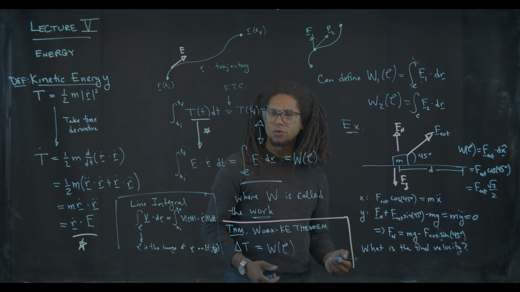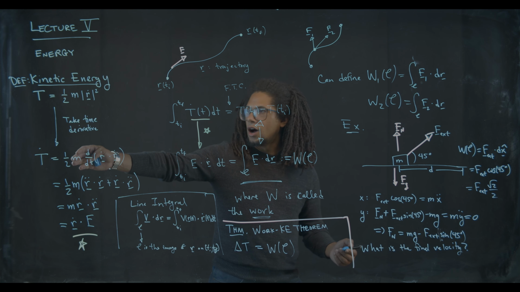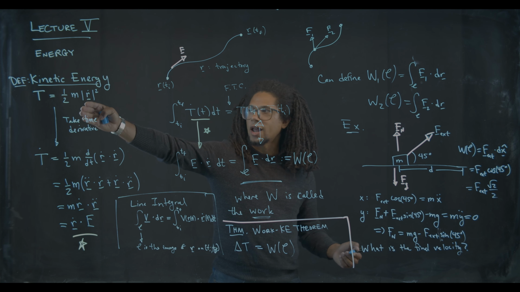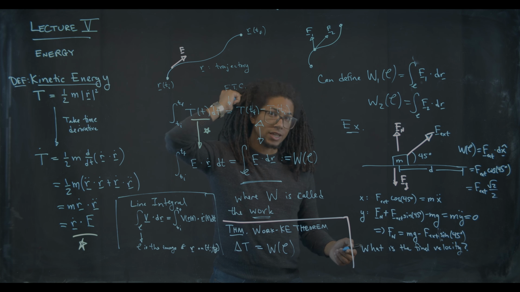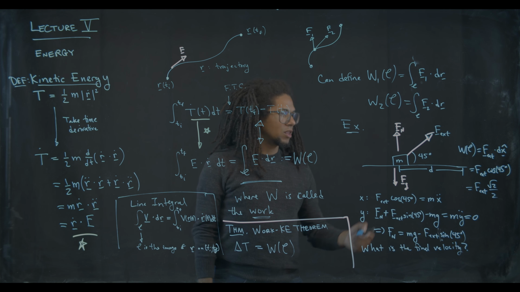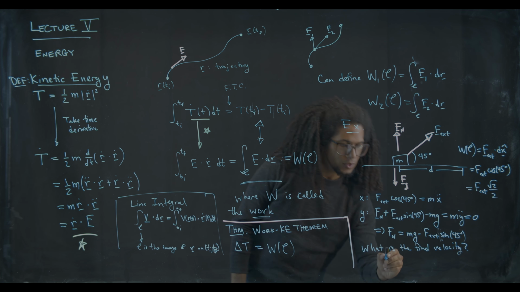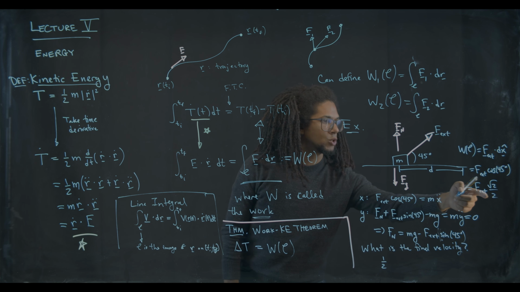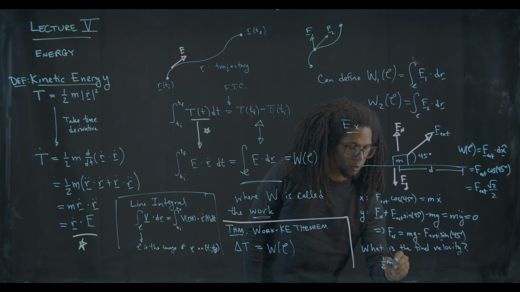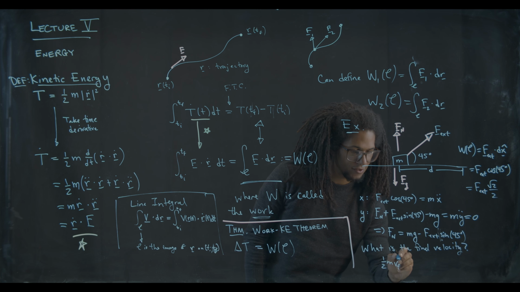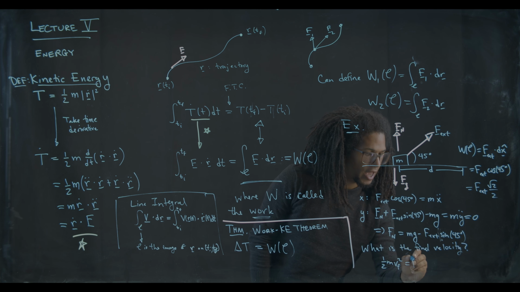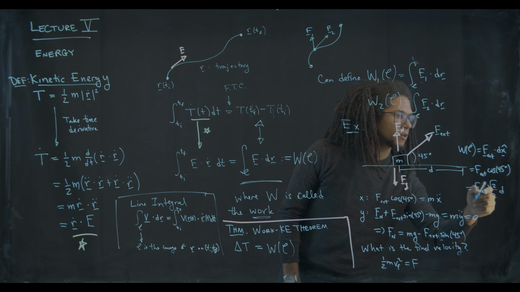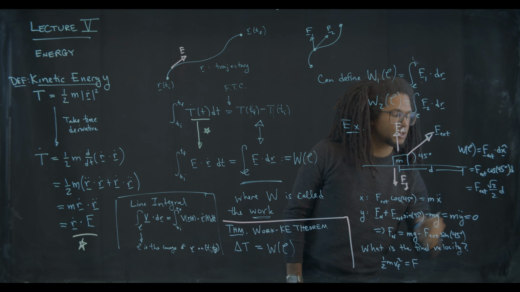Well, all I need to do is use the definition of kinetic energy. It's 1/2 times the mass times the velocity squared. So the velocity at the end must be related to the other quantities in the problem in the following way. We have 1/2 m vf squared is equal to F, oh, and I forgot my d here. So this should have been times d.